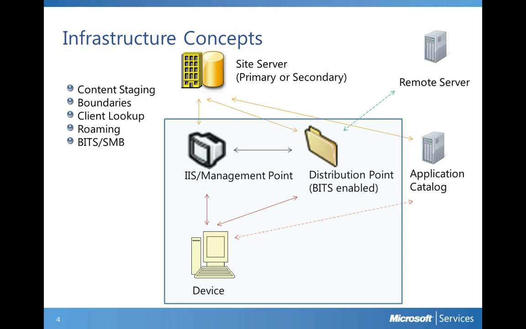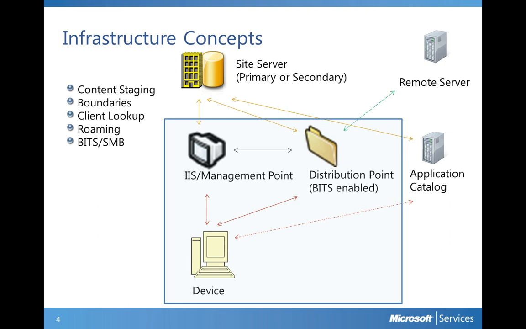I think I mentioned already, if I didn't, let me mention it here. When you install a client, it will be assigned to a primary site depending on its boundaries. Now there are ways to force the assignment regardless of boundaries, but the typical way is that at installation the client gets assigned to whatever site matches its boundaries.